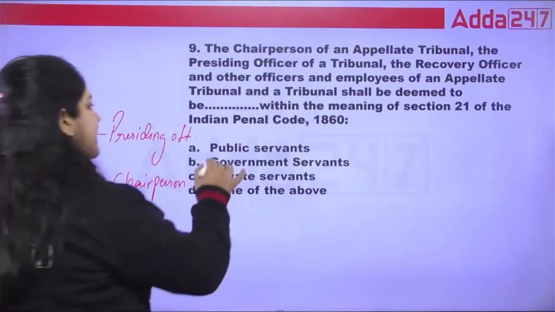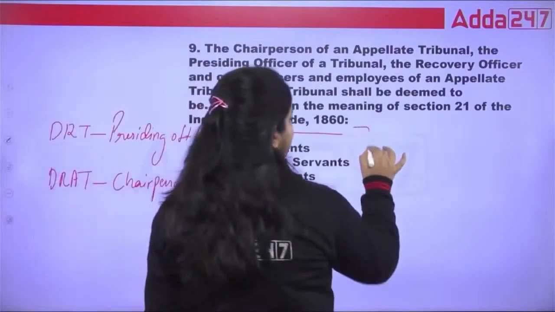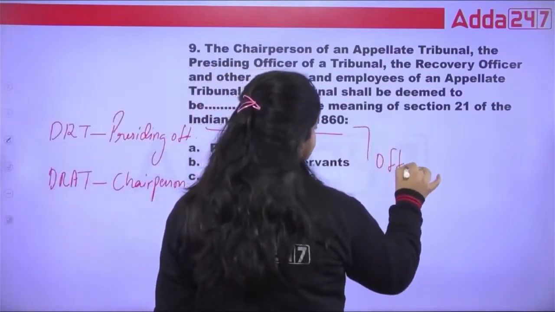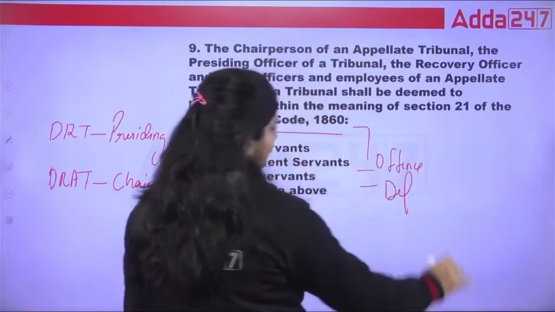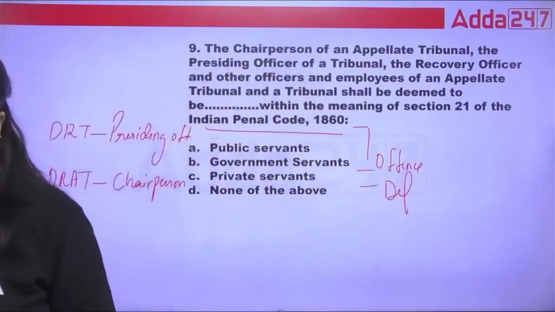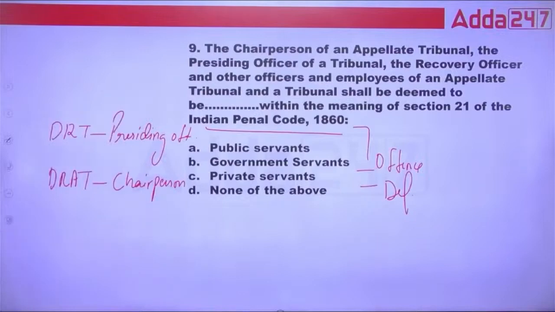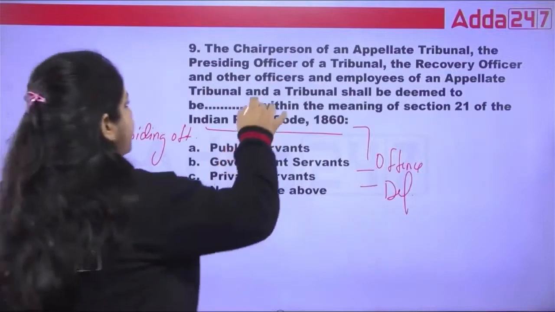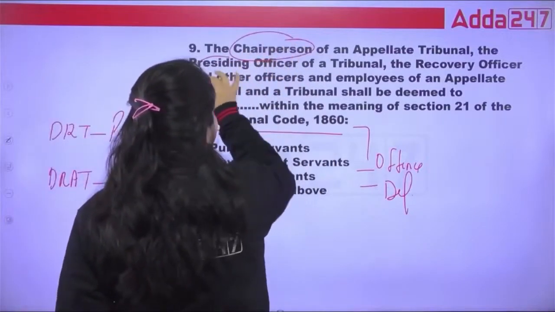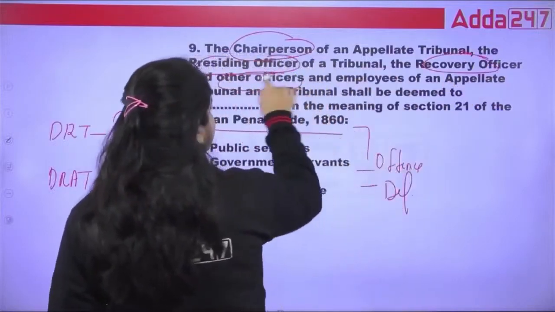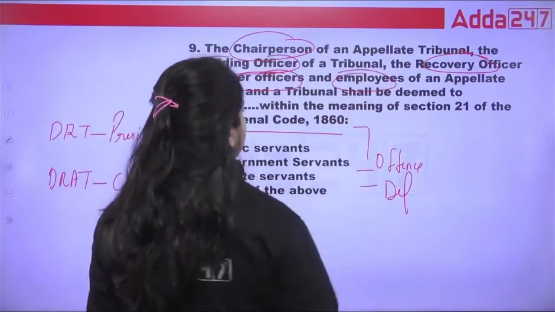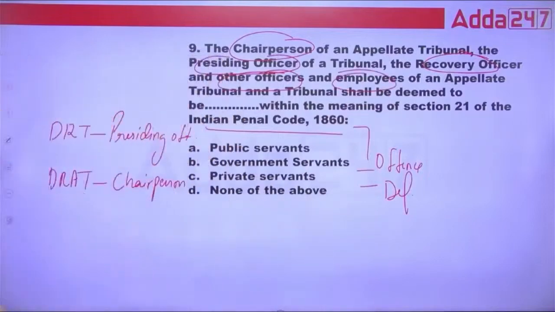And what is the IPC? The IPC is basically an act which defines offenses and their definitions. That's it. This is called the IPC. So the chairperson, presiding officer, recovery officer, other officers and employees of this one, what will they be called?